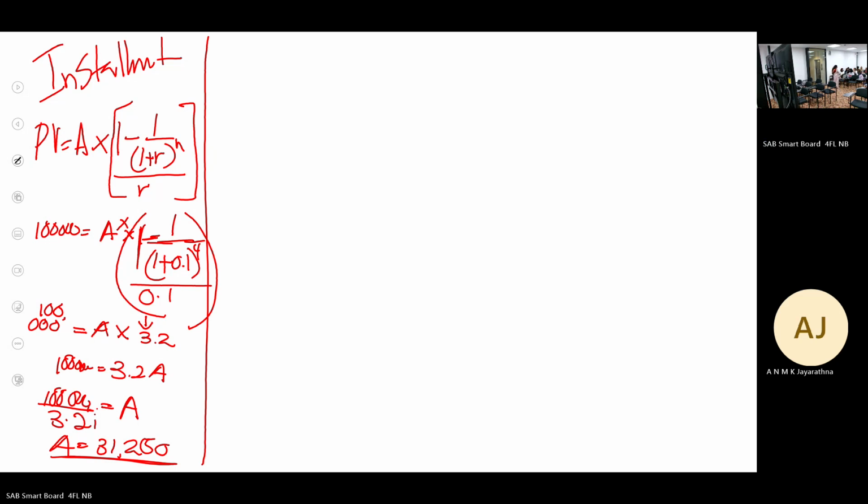Three point nine. What is the annuity factor? Three point two. 3.16.